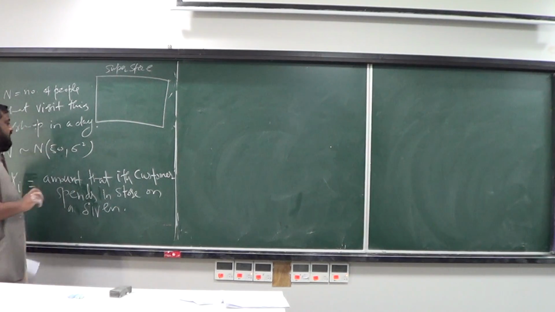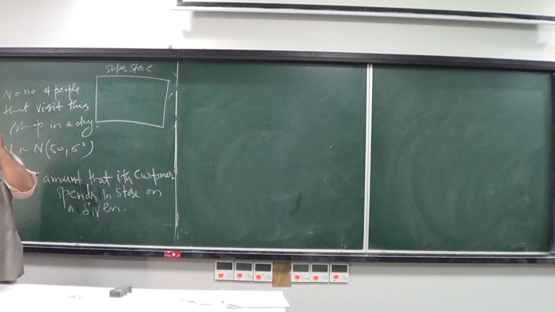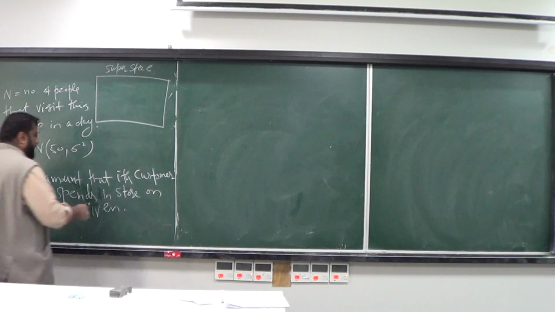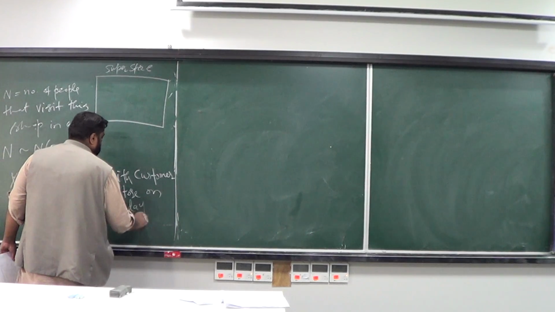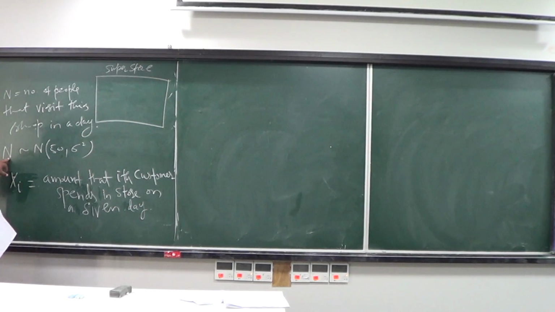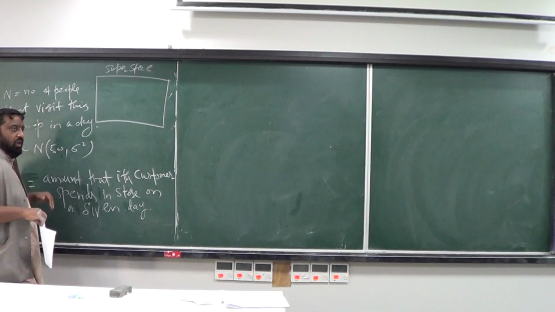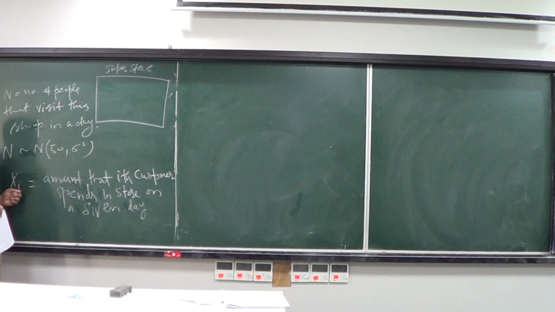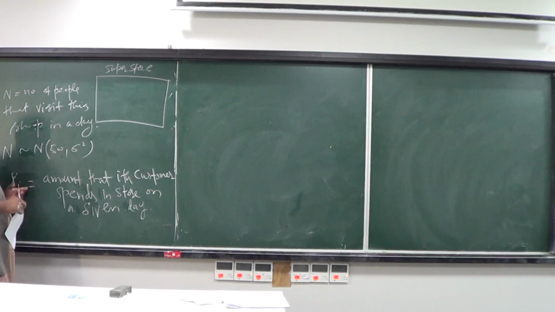So xi is some amount of money that they spend in the store on a given day. There are a total of n people, so say on average n people visit the shop in a given day, and xi represents the amount that the ith customer spends in a given day.